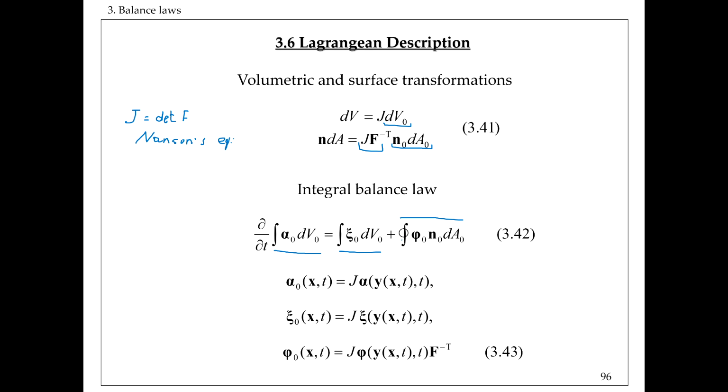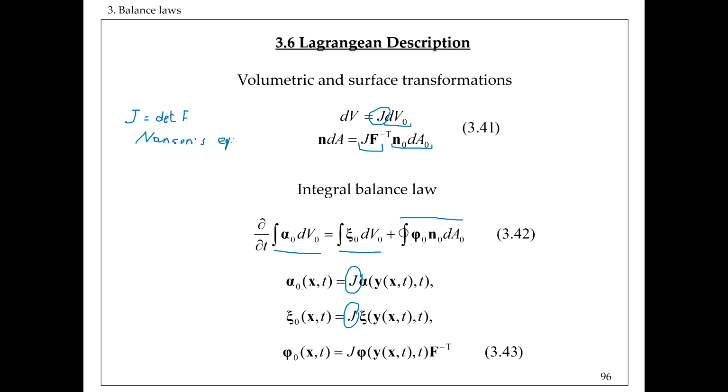And hence you will see that the transformations between these quantities are also different. So these volumetric integrations transform by using J, right? So they appear with J here, right?